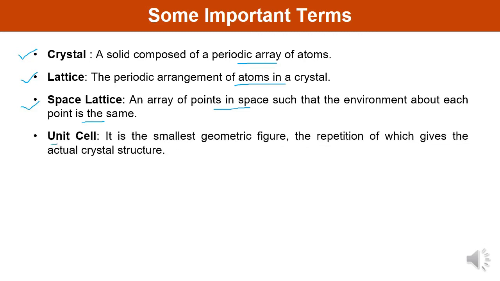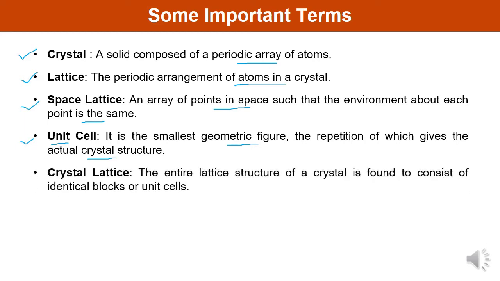Next is unit cell. This is a very important term. Unit cell is actually the smallest geometric figure, the repetition of which gives the actual crystal structure. So it is the smallest figure, and because of its repetition the whole crystal structure is formed. What is crystal lattice? The entire lattice substructure of a crystal is found to consist of identical blocks or unit cells.